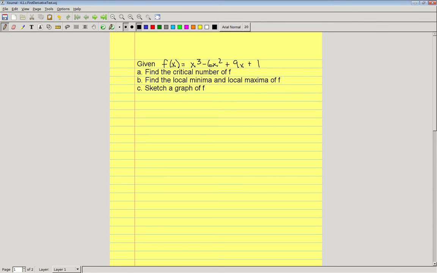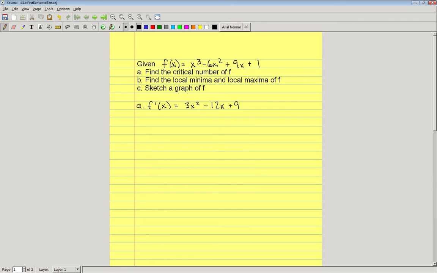We start by taking the derivative of our function. The derivative of x cubed is 3x squared. The derivative of negative 6x squared is going to be negative 12x. And the derivative of 9x is 9, and we know that the derivative of 1 is equal to 0.